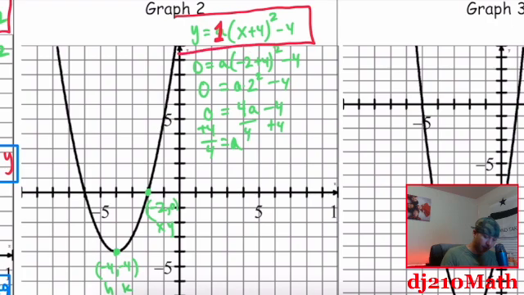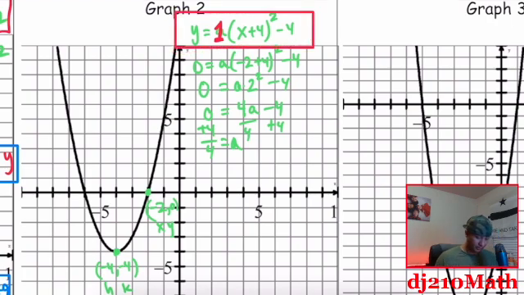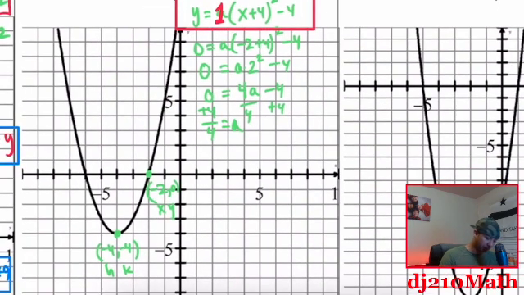All right, that's the vertex form. Looking at the x-intercept form, the x-intercepts are going to be negative 6 and negative 2. So my factors are going to be x plus 6, x plus 2, and then the a out front is just 1.